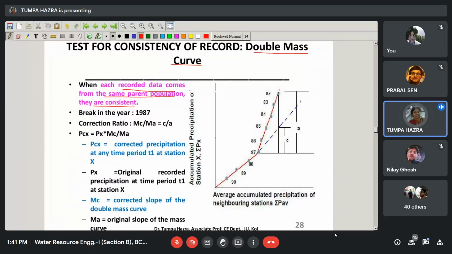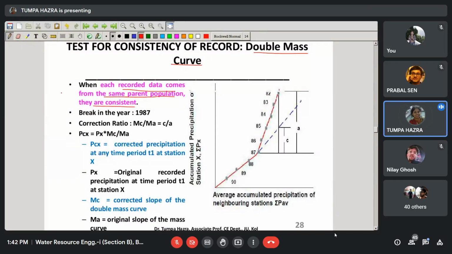So whatever data you have, let us consider you have data from 82 to 90. You have data for a particular station for 82 to 90, and you also have the average data of the neighboring stations.